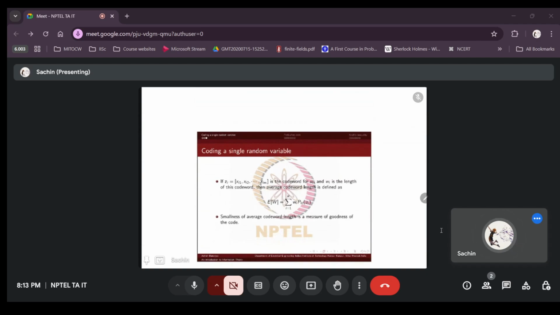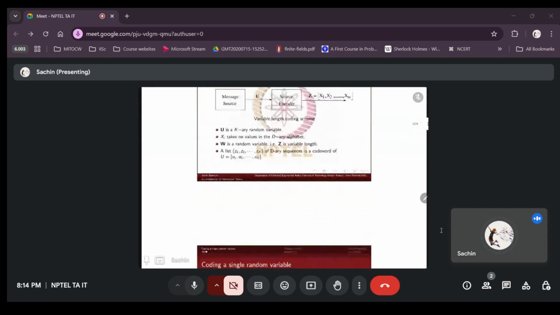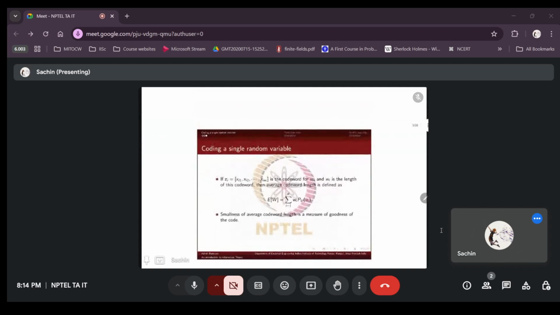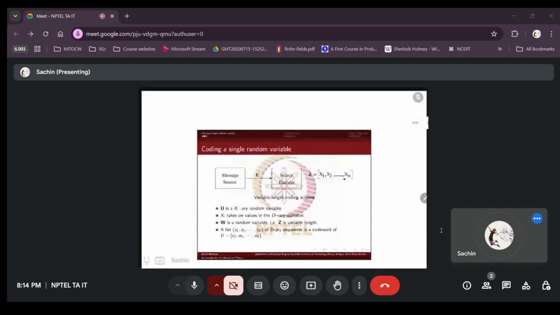The average code word length E of W is defined as the average of all code word lengths. Since U is a K-ary random variable, it can take K values, u1, u2 up to uK.